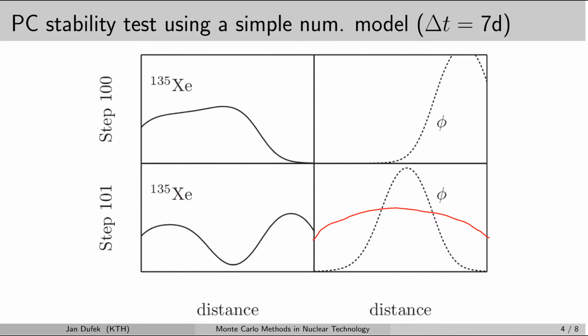So the flux was moving over the whole system from one side to the other. So they denoted a very strong spatial oscillation of the neutron flux, as well as the oscillation of the xenon distribution in the system. In the case of the Monte Carlo burnup simulations, which are based on the predictor-corrector coupling scheme, the neutron flux very often does not oscillate that severely.